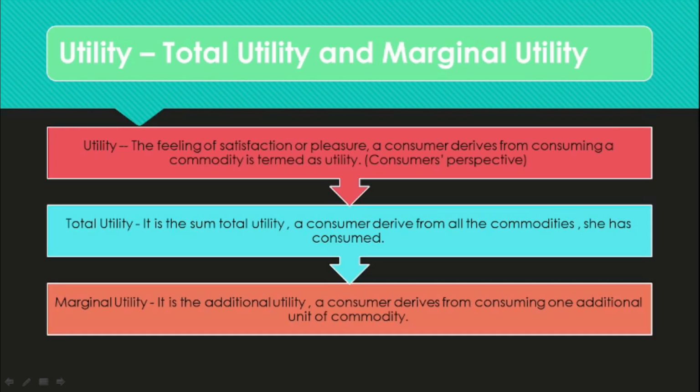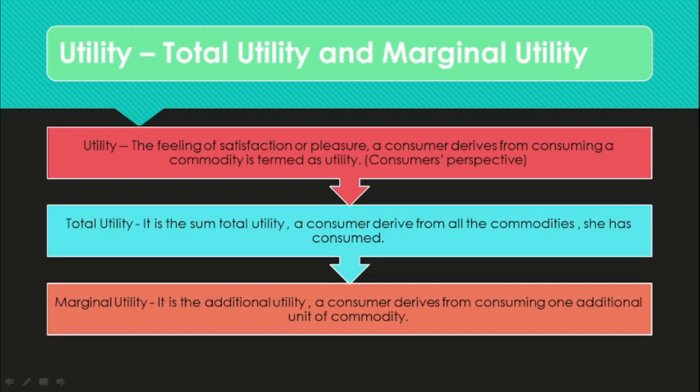Suppose I have used one ice cream, then I eat another ice cream. Now I have consumed two ice creams. When I have added another unit of ice cream to my consumption, some utility it must have given to me. So the total utility of two ice creams minus the utility I derived from the first ice cream, so 2 minus 1.